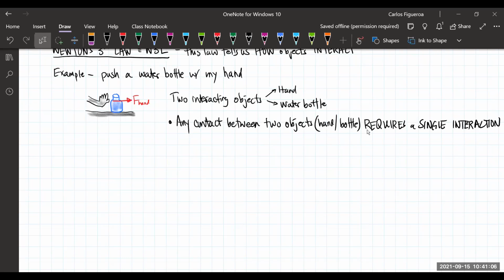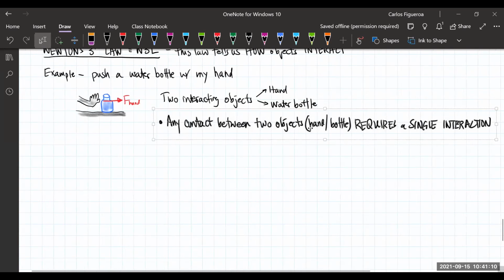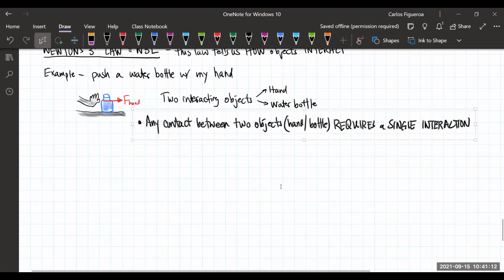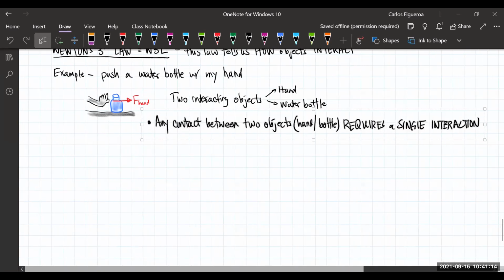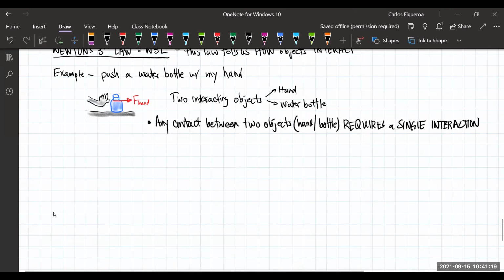When I touch the water bottle, because I'm so close to the edge, I'm just going to move this over a tiny bit. When I touch the water bottle, do I have to wait before the water bottle touches me back? Well, no. As soon as I touch the water bottle, it is touching me. That's what I mean by a single interaction.